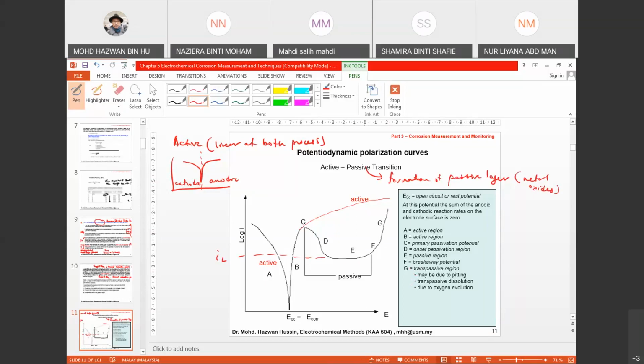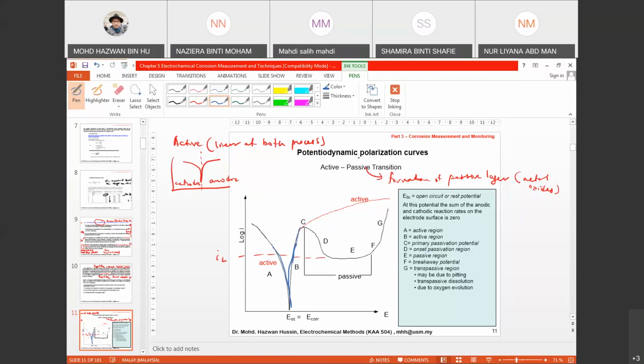So in this case, you will see that from point A until B, AB, it is still considered an active process because you can see the slope is still linear. You can find the slopes and everything. This is considered an active process. You still have an equal process of anodic and cathodic. At point C, what will happen is the primary passivation potential.